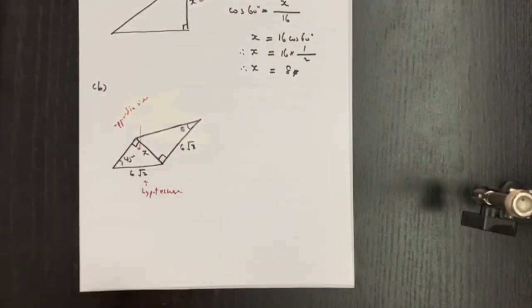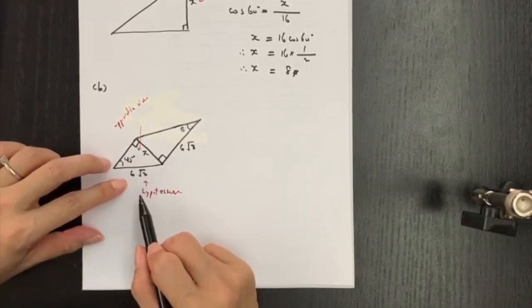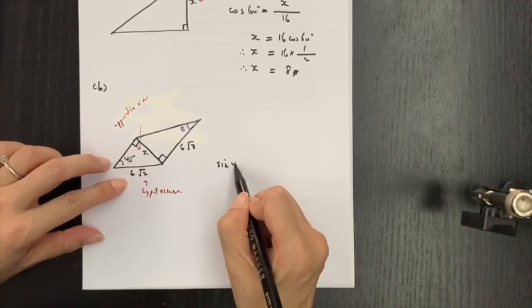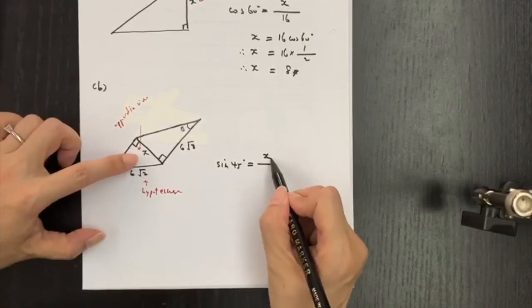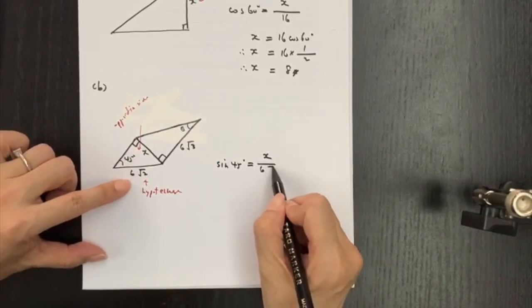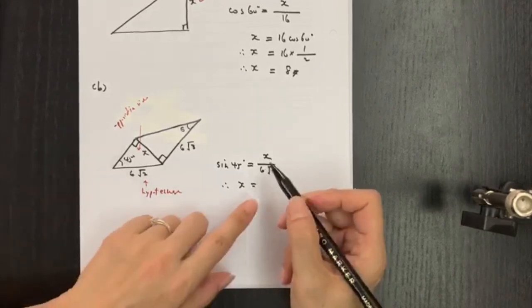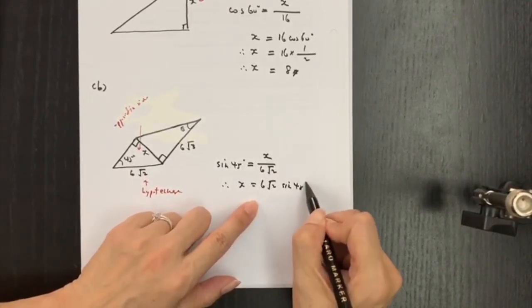So first, to find x, I need to use this right angle and then use the sine formula. So that would be sine 45 is equal to the opposite side, my x here, over the hypotenuse, 6 root 2. Okay, so therefore what is x? x will be equal to 6 root 2 times sine 45.